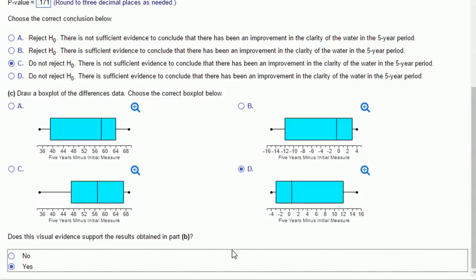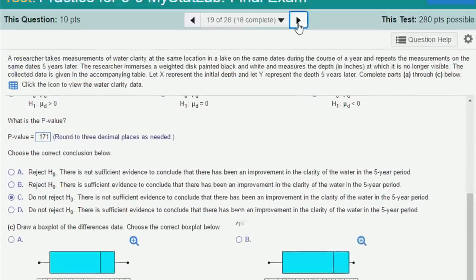And 0 means it's staying the same. And because 0 lives within the range from the first to the third quartile, that's in line with the decision we made for our hypothesis test. That means we wouldn't want to reject the idea that the clarity could be staying the same or even getting murkier. It's all within the realm of the middle 50% of our data.